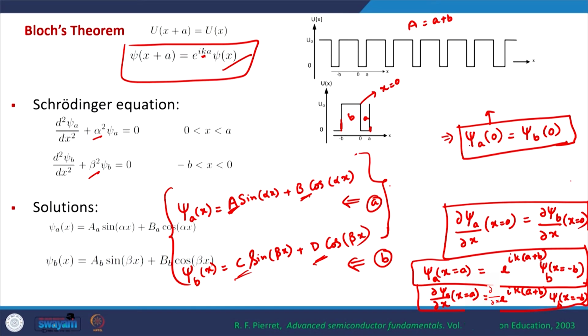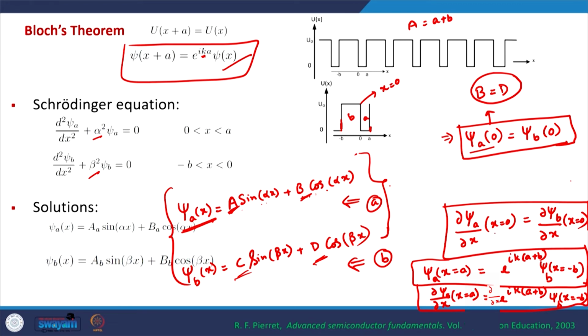For most practical systems, it is mathematically difficult. So if we use this boundary condition, psi A at x equal to 0, if we put x equal to 0 in this case, the first term would be 0 and the second term would be B times 1. So this boundary condition says that psi A(0) is B, and psi B(0) is similarly D. So this says that B should be equal to D.